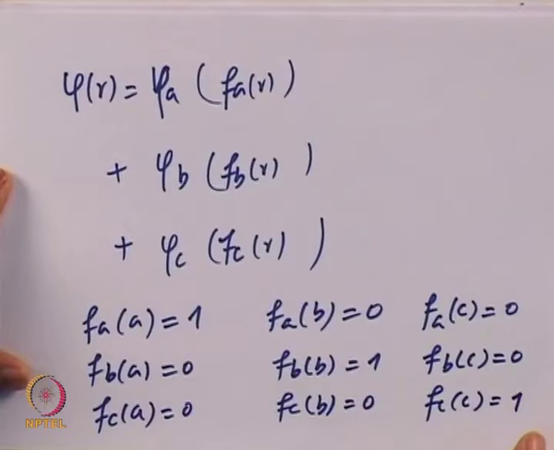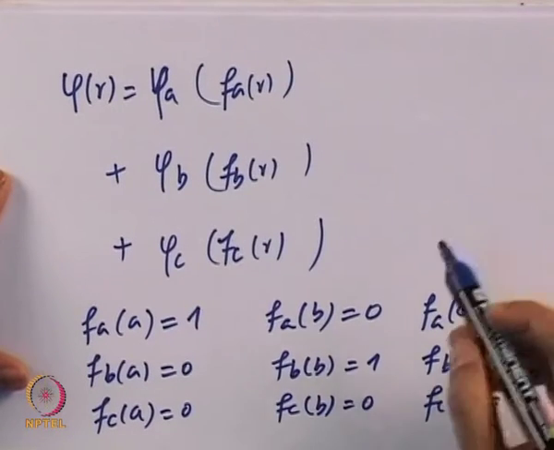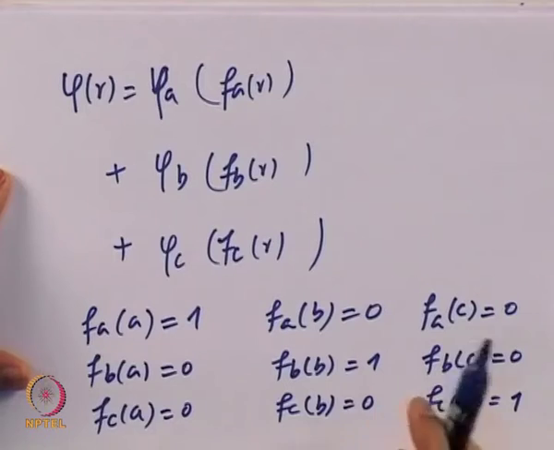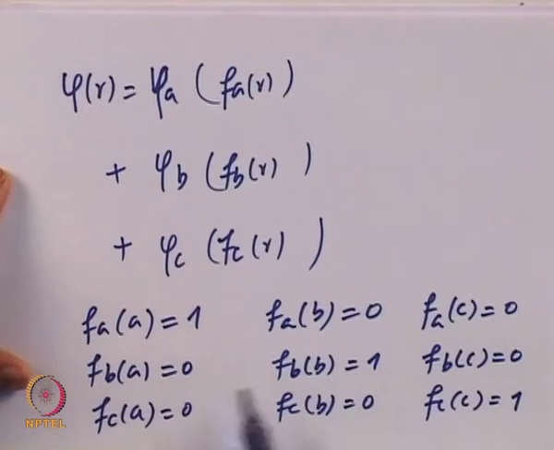So this is the assumption. This means the basis functions are going to behave in certain manner, and that is what we are going to see. And when we plot the basis function, you will see and you will appreciate what we are talking about.